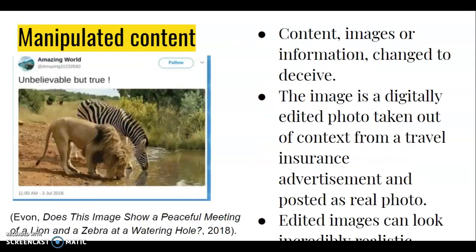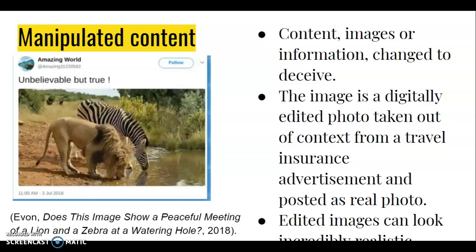So manipulated content is when content and information is changed to deceive. Now this one also technically falls under false context. These images were digitally edited for a travel insurance advertisement. However, they were taken out of context and framed as an actual photo of animals in the wild.